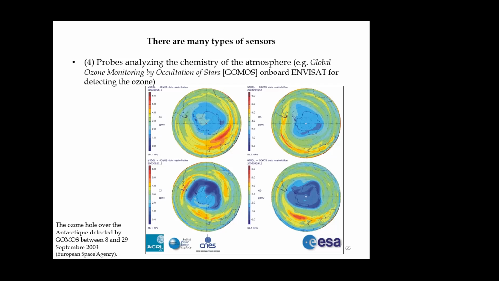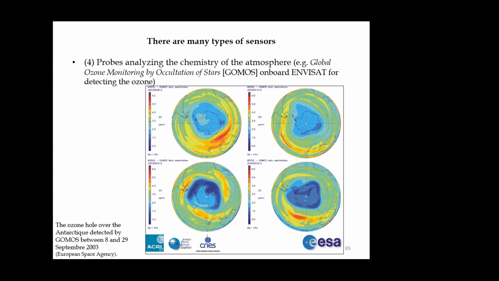And this probe called GOMOS is Global Ozone Monitoring by Occultation of Stars. It's a very efficient tool to measure the rates of ozone in the atmosphere, using particularly the spectral band at 9.7 micrometer.